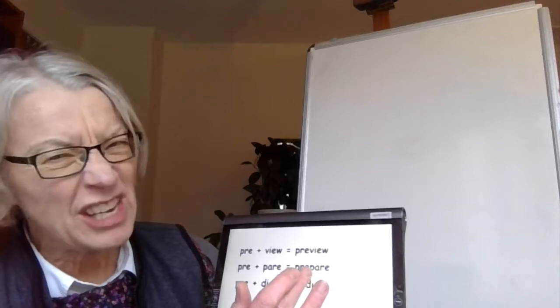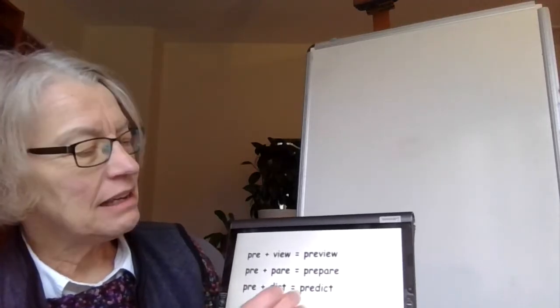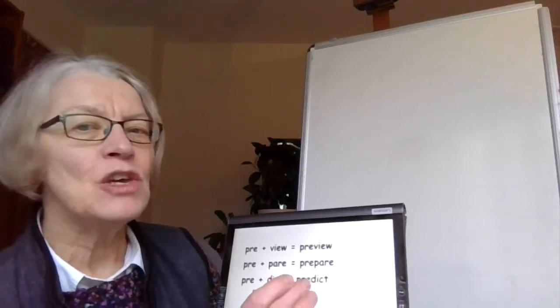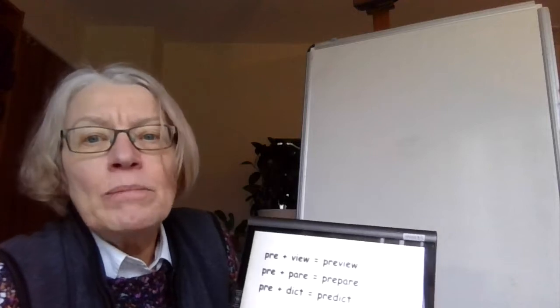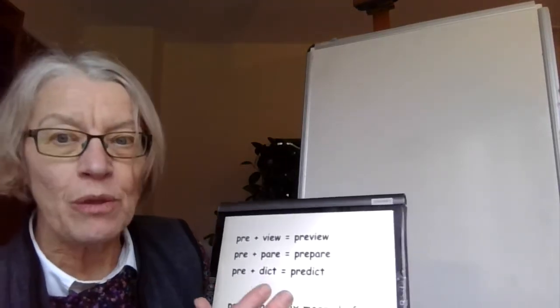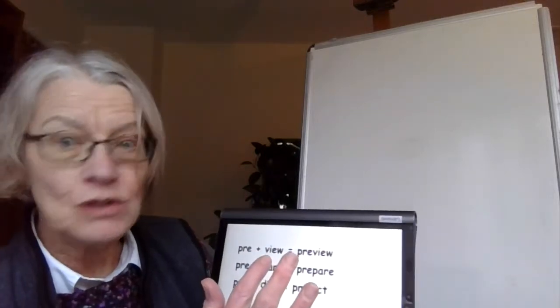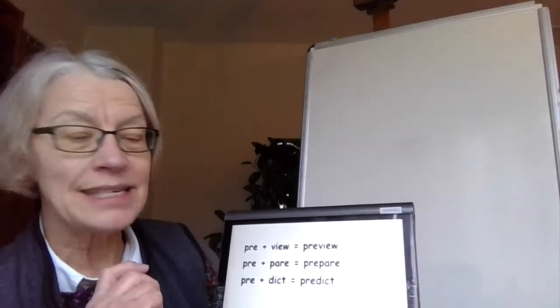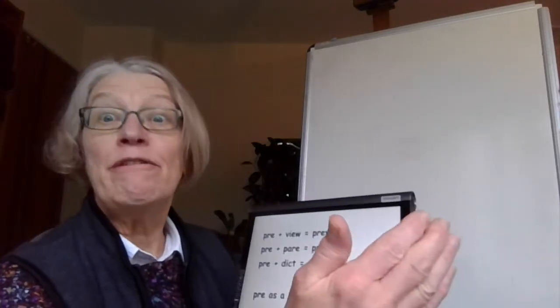So we no longer really use the word pair to get ready. We no longer use the word dict to say. They've dropped out of usage in English. We only use the word with the prefix. But we do still use the word view to look at. So preview means to look at before.